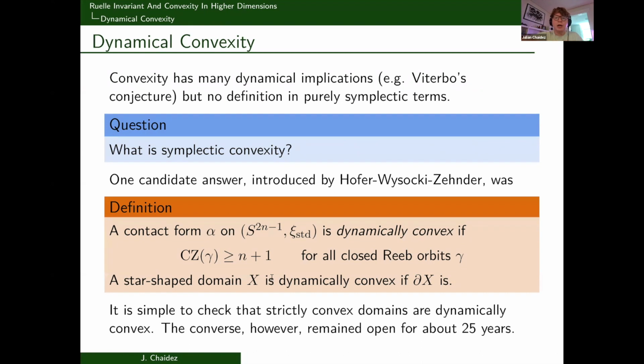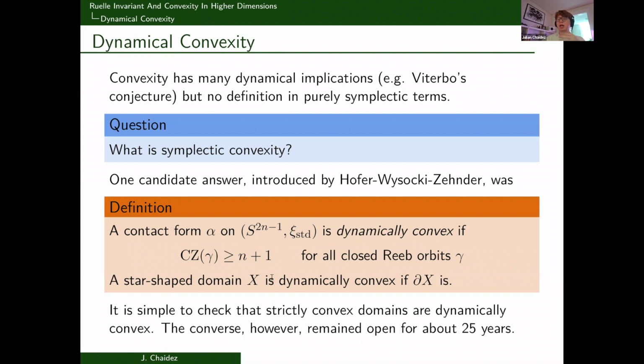Okay, so now I'll conclude the talk with a discussion of how you use this to solve this dynamical convexity and convexity problem. First of all, I'll talk about the problem a little bit.